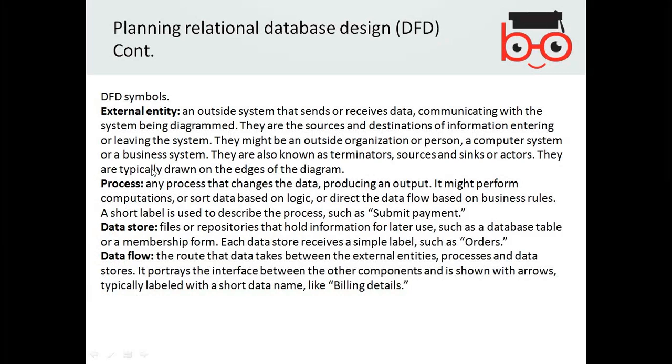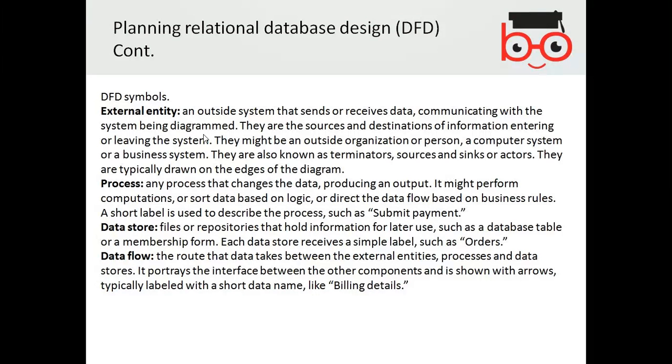An external entity is an outside system that sends or receives data, communicating with the system being diagrammed. They are the sources and destinations of information entering or leaving the system.